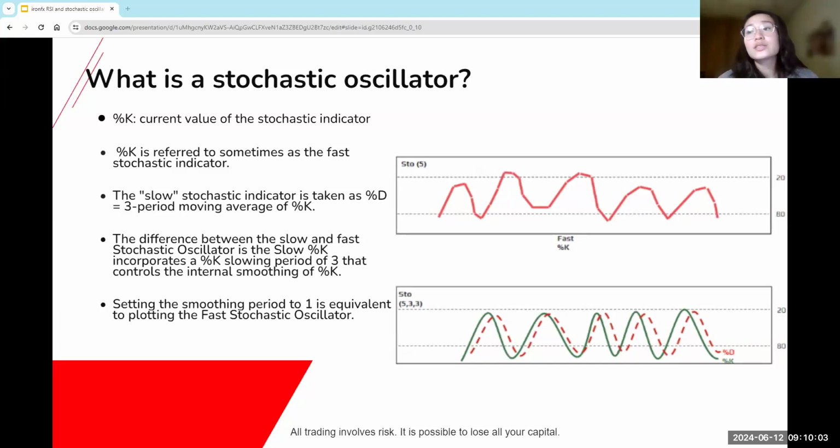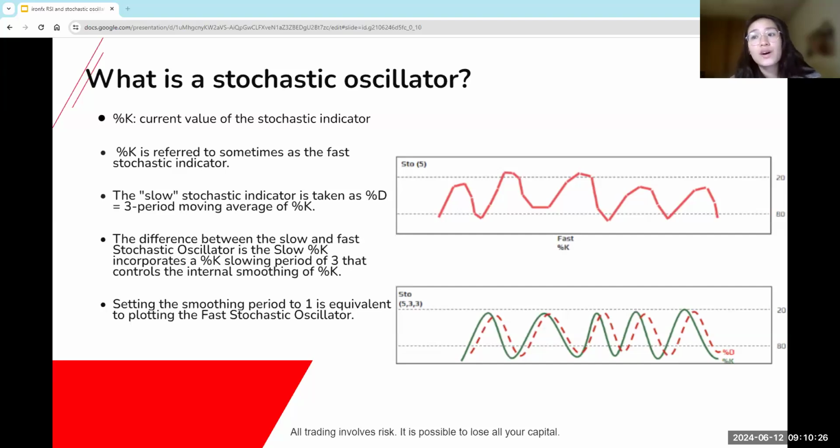The second line is called the D line, and it's basically the moving average of K over a certain number of periods. I have a more in-depth explanation here on the slide if you are interested. The slow stochastic indicator, which is your D, is a 3-period moving average of K.